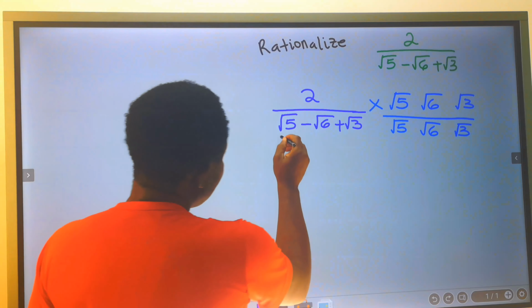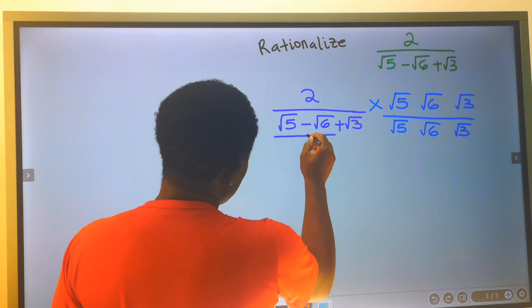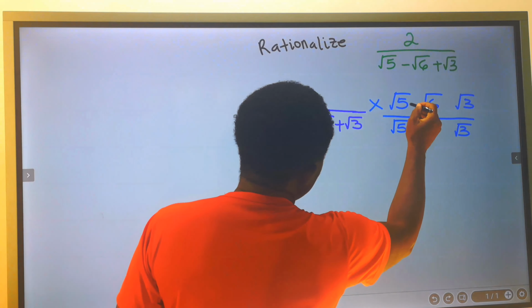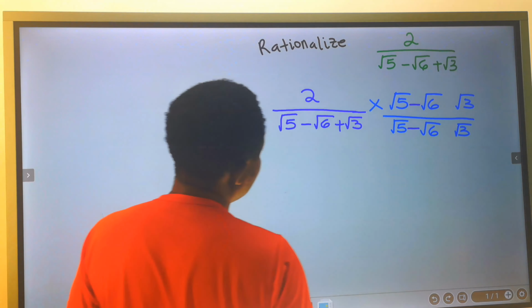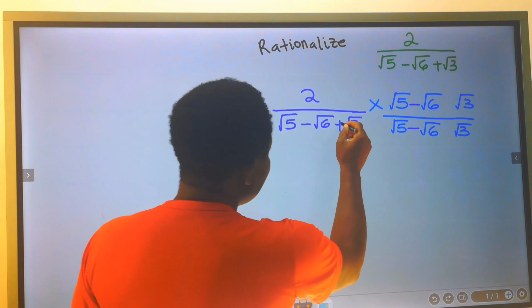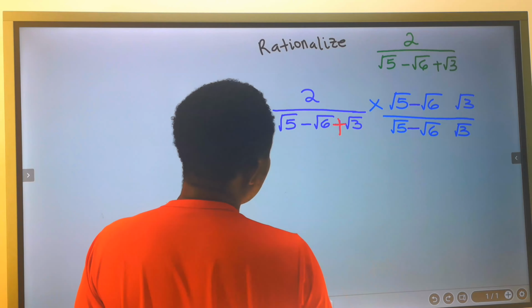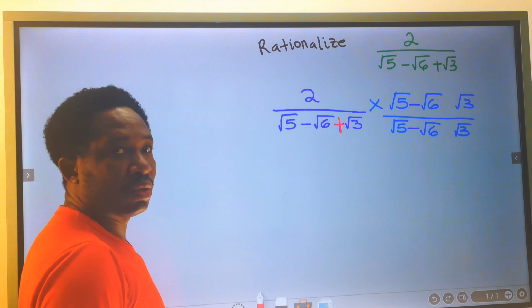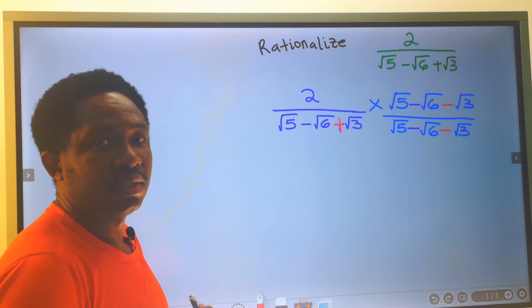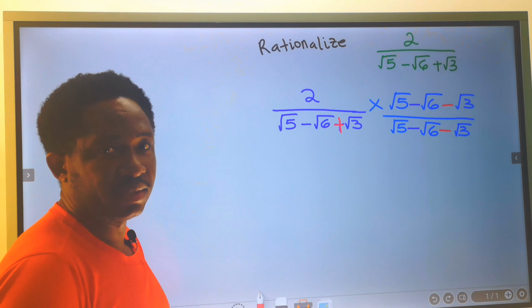Next, the first 2 groups will maintain their operator, which is a minus. However, the operator separating the 2 terms, here is a plus, will change to a minus here. This is step number 3.